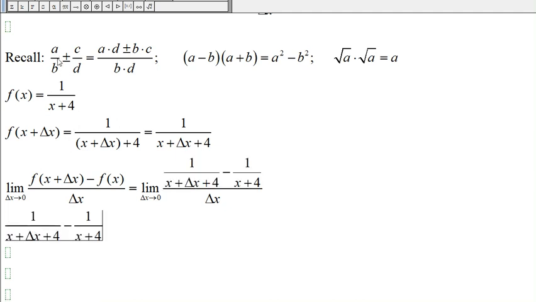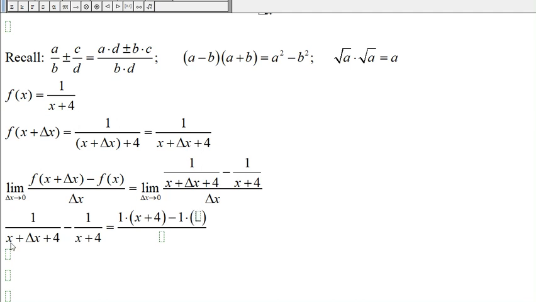So think of this as just like a over b minus c over d. And so we get 1 times x plus 4, minus, so that's 1 times x plus 4, and then 1 times this, and dividing by the product of the two denominators.